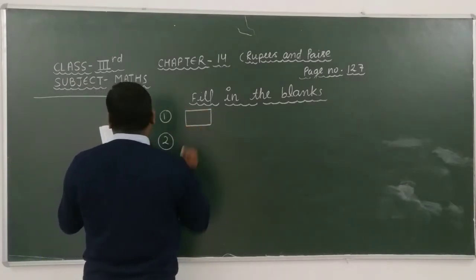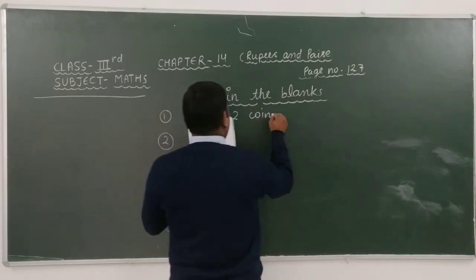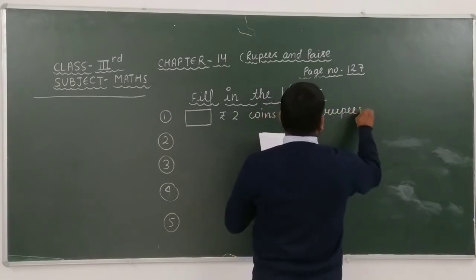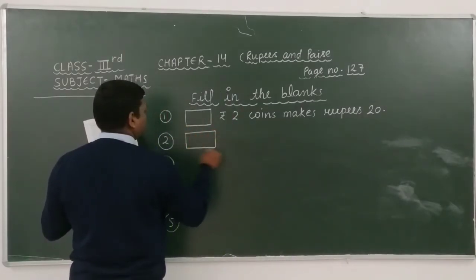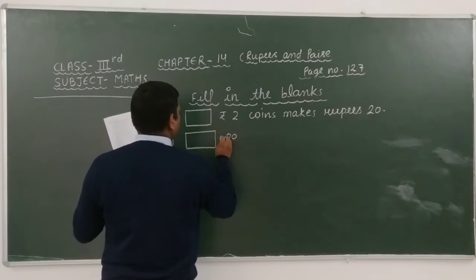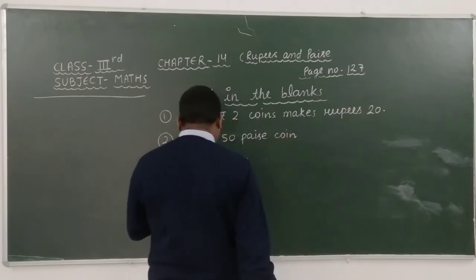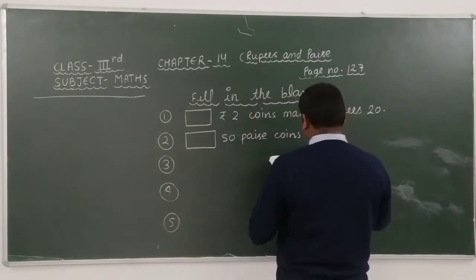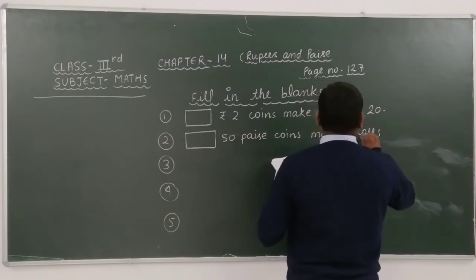Look, in question number 1: box rupees 2 coins makes rupees 20. Rupees 50 paise coin makes rupees 6.